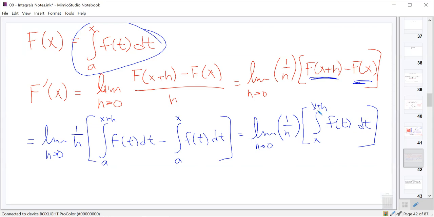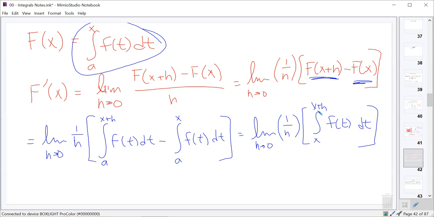Well, if you have a function that's continuous on a closed interval from a to b, with x and x plus h in that interval, that means that f must be continuous on the closed interval from x to x plus h.